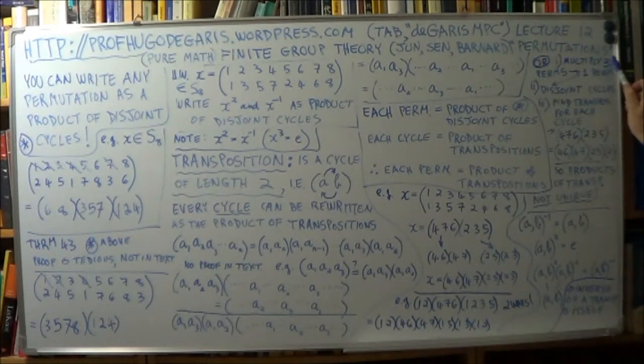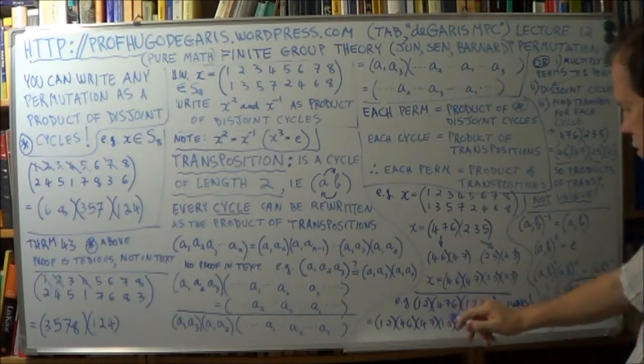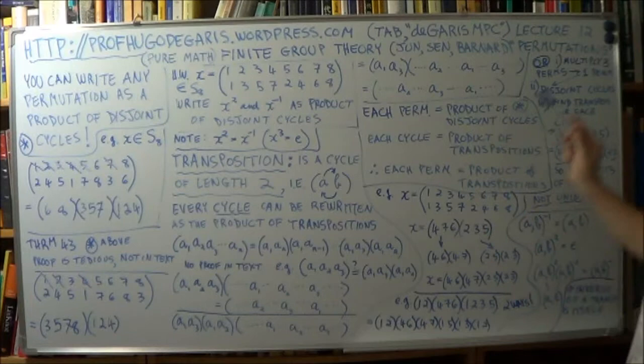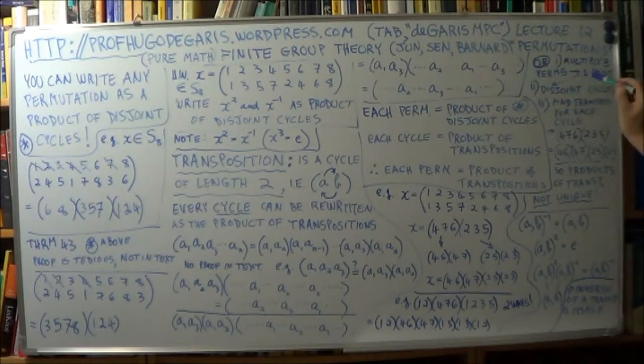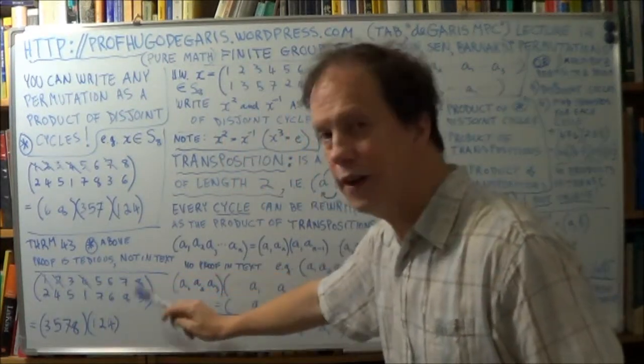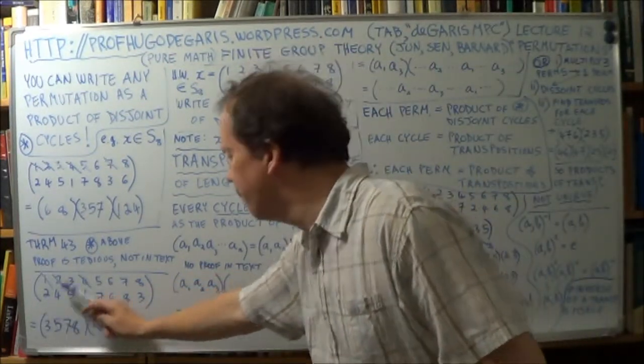So you multiply these 3 permutations, and you get the result, which is just 1 permutation. That's step 1. From that 1 result permutation, find its disjoint cycles. So you do something like this. Do this as homework.